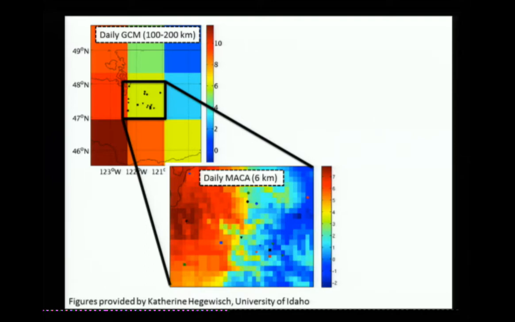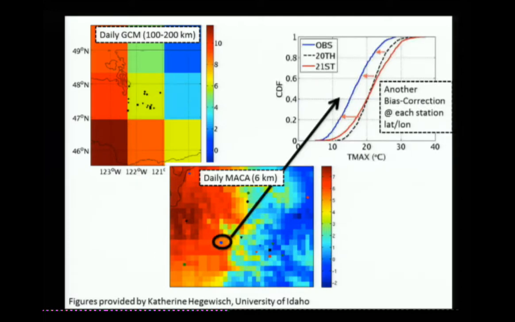The next step is we extract the time series from an individual 6-kilometer by 6-kilometer grid box, and we bias correct that to the statistics of the station data at that same location. This is the same type of bias correction done in the MACA downscaling, so it's a very consistent methodology.